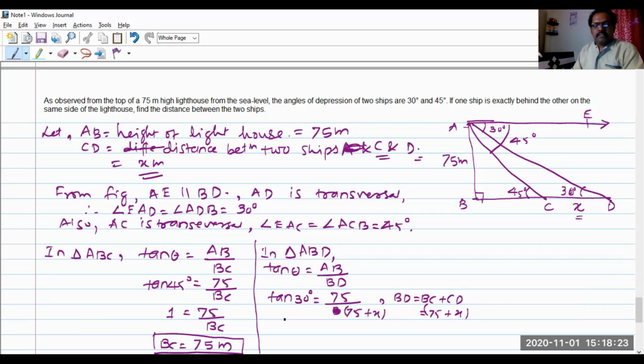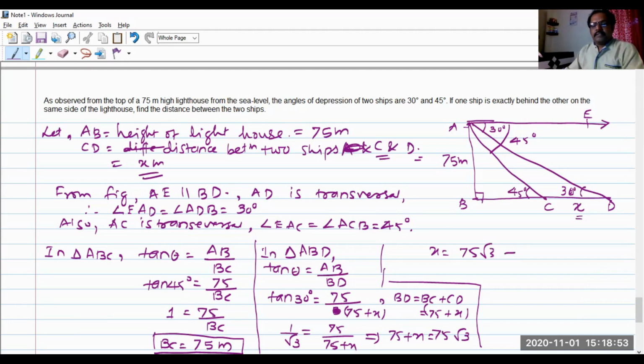And how much is tan 30? Tan 30 is 1 by root 3, which is equal to 75 upon 75 plus x. So what does this give us? By cross multiplication, 75 plus x is equal to 75 root 3. So x is equal to 75 root 3 minus 75.